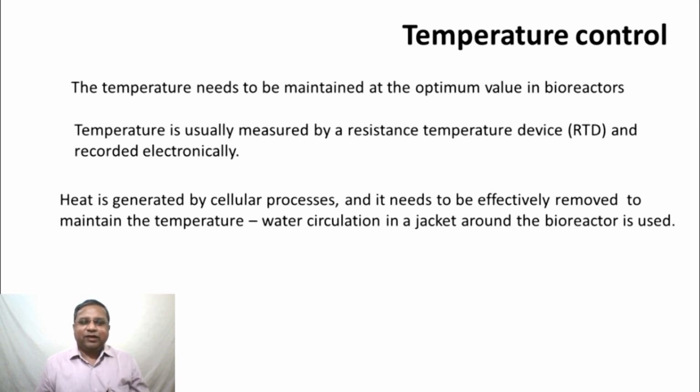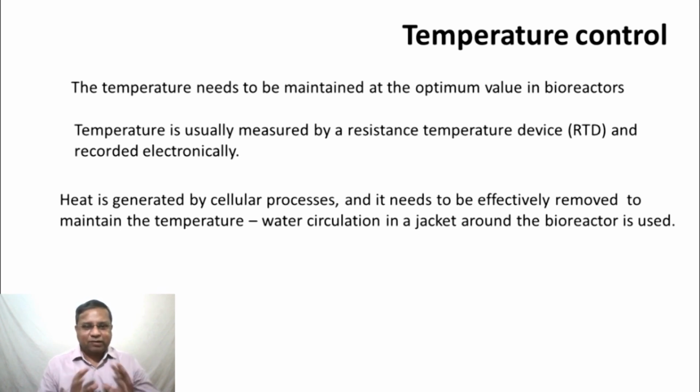Heat is generated by cellular processes because of the metabolism that occurs in the cell, many processes that occur in the cell, and therefore the bioreactor can generate heat. And because it is generating heat, it needs to be removed effectively to maintain the temperature, and that is usually done by circulating water in a jacket around the bioreactor.